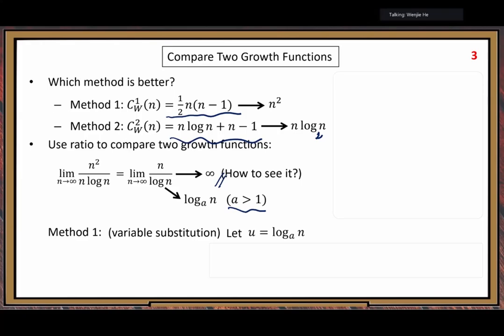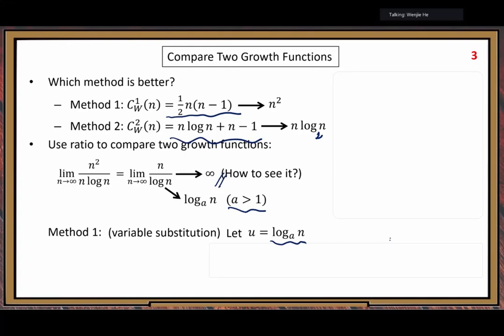Let's introduce a new variable, u equals log base a of n. Because the log function is relatively complicated, we want to replace it by a simple variable u. In this way, the log function is gone.